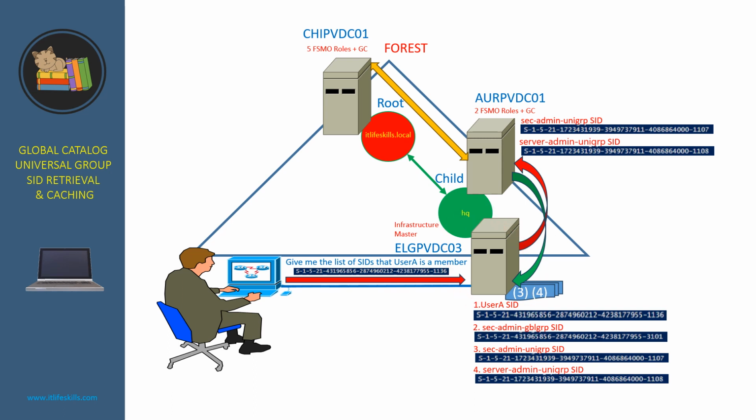LHPVDC03 then sends a list of sysids, which contains the security admin global group sysid, security admin universal group sysid, and server admin universal group sysid, back to the PC. The PC now can build the token for user A with all the sysids it has.